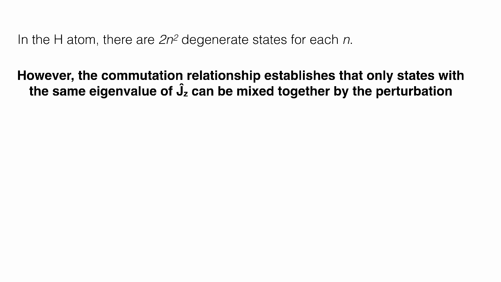Since Jz and L dot S commute, the only way that a matrix element involving Jz can be non-zero is if the states are the same, because if the states were different, we would automatically find, with the Kronecker delta, that the matrix element would be equal to 0. Indeed, if we have an eigenstate of Jz, that means automatically the eigenvalue can be taken out of the matrix element, and we end up with a normalization condition that we have to fulfill.